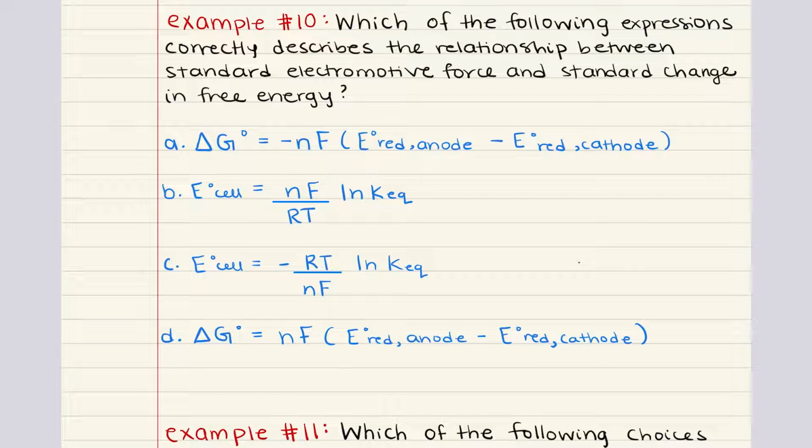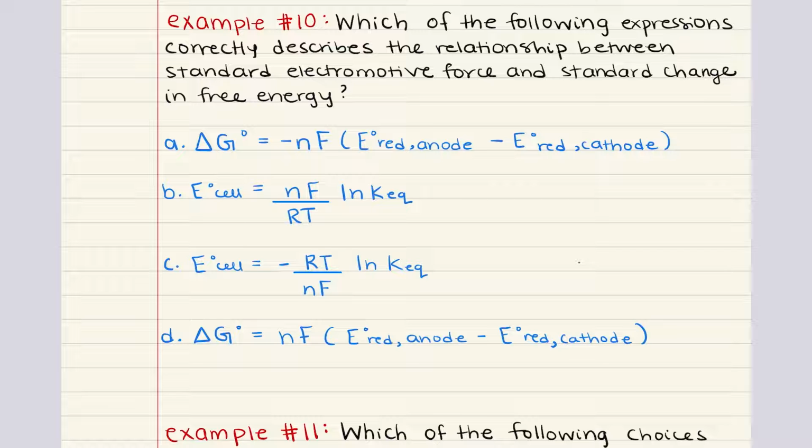Problem 10 says, which of the following expressions correctly describes the relationship between standard electromotive force and standard change in free energy? Now, there are only two equations involving change in free energy in electrochemical cells.